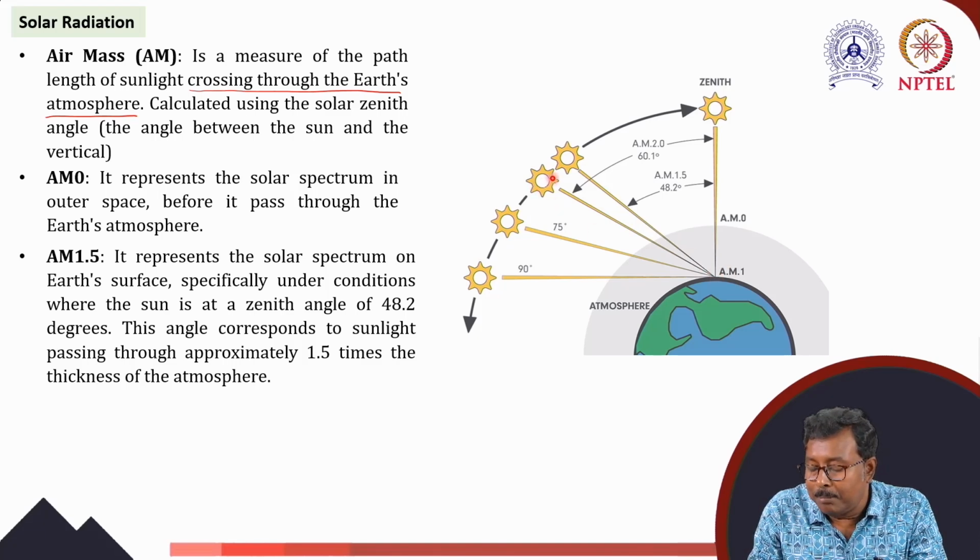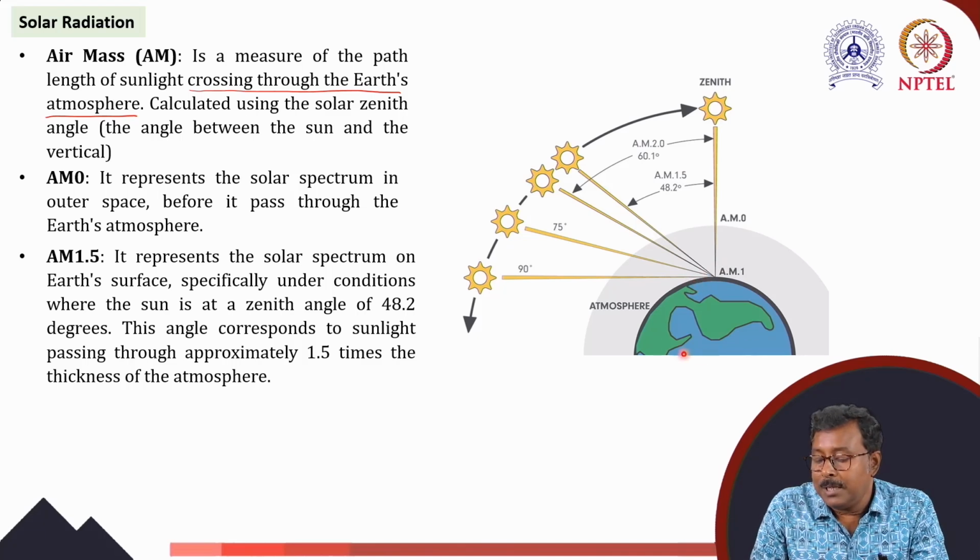Similarly, if this angle is 60.1 degrees, this will be air mass 2. So it is based on the location on the Earth's surface. In India we are mainly around the equatorial region, which is different from European countries, which are not near the equator and generally have less radiation. This radiation difference is standardized by the air mass number.